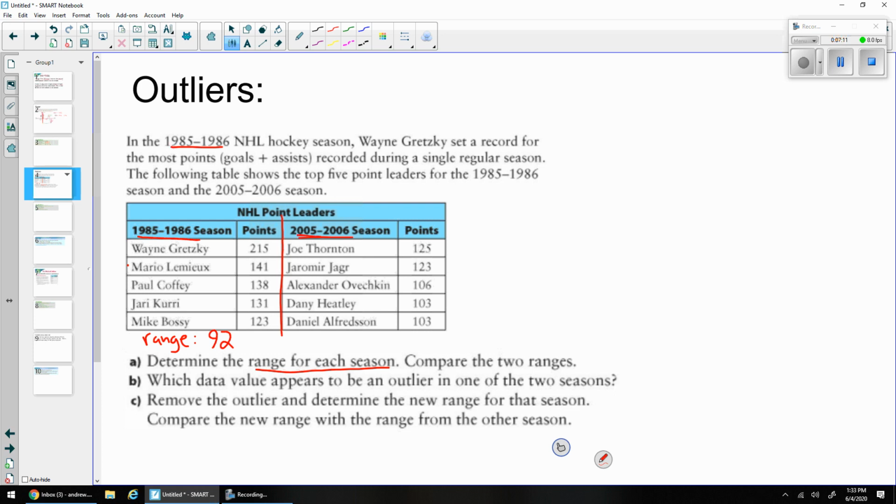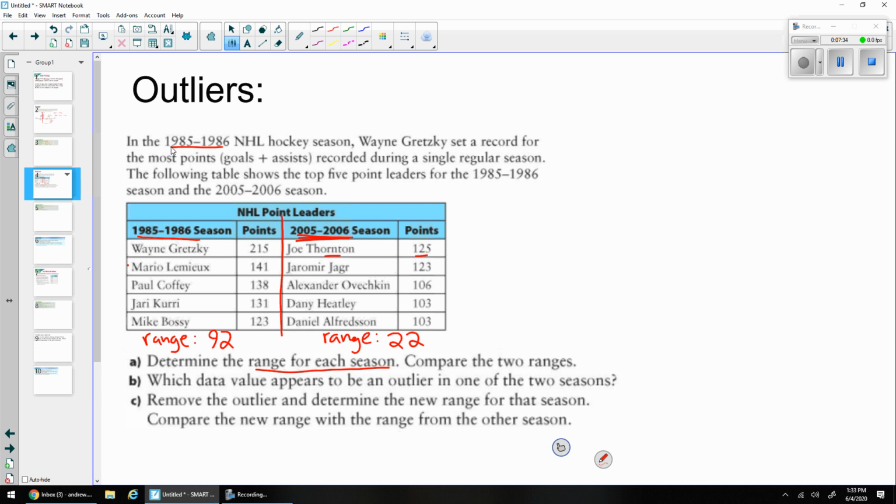In the 2005-2006 season, we have Joe Thornton in first with 125. We find this range, 125 minus 103. Okay, and there's a 22-point difference.